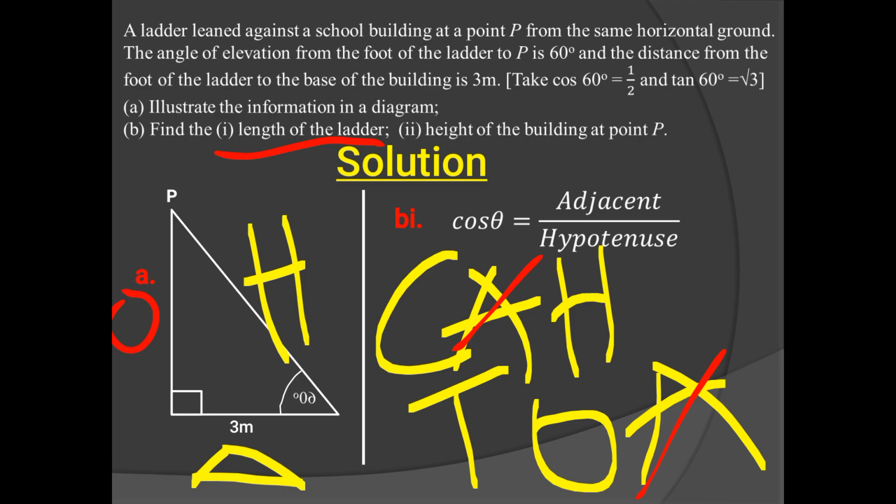So finding the length of the ladder, we use cos because we should know our A and our H. But finding the height of the building, we use our tan because we need O and A. I hope you get why I said with the ladder, tan will not work, but cos will work. Great. So now let's move on.